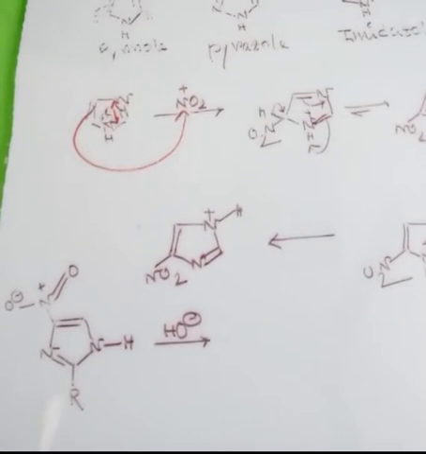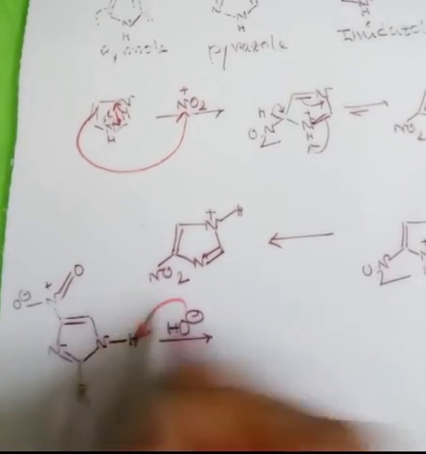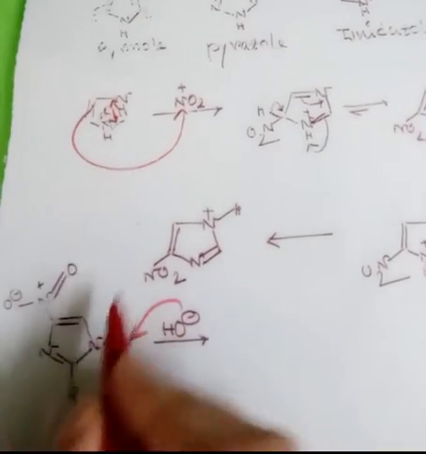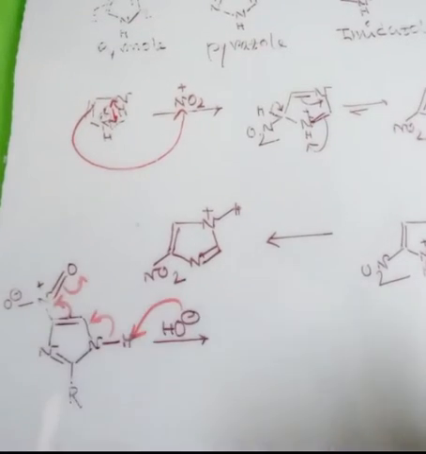If we take basic condition, then electrophile will be added at nitrogen. It is like you will go to resonance after anion formation on nitrogen.